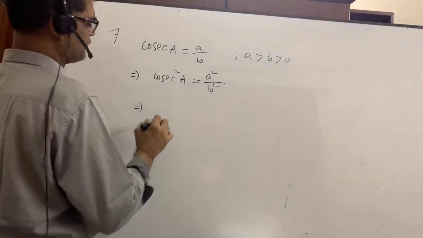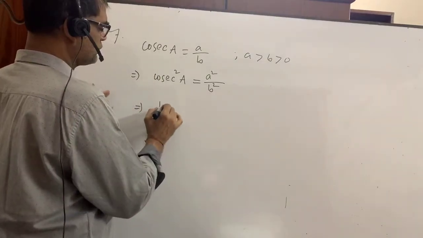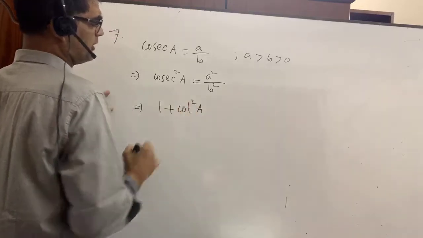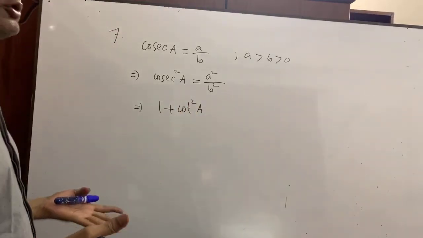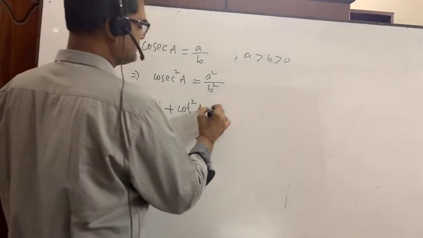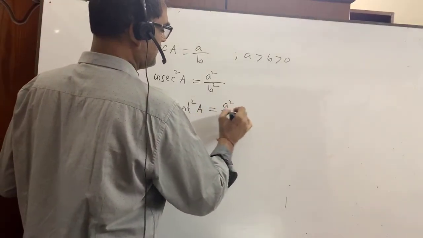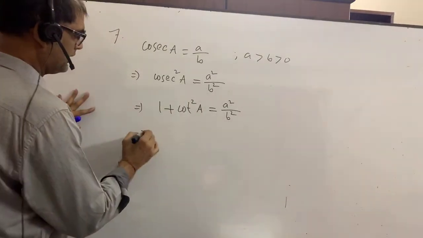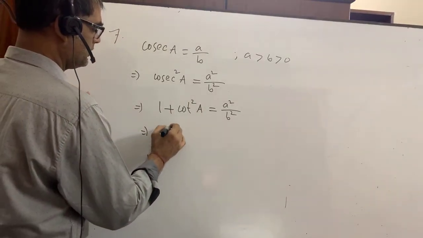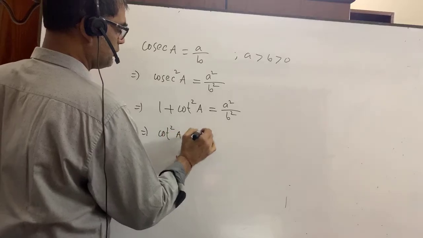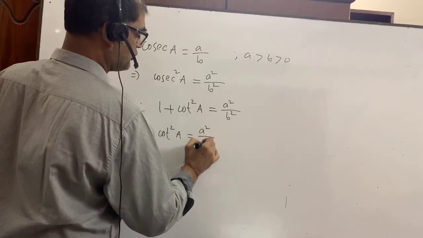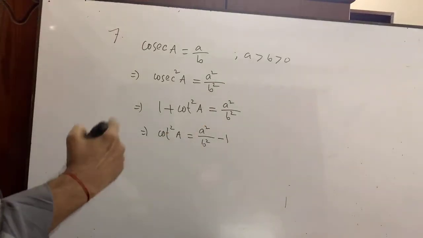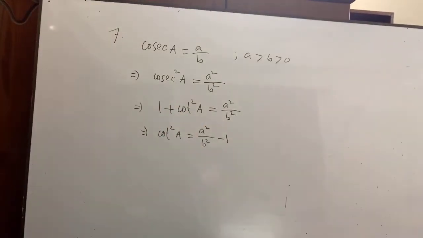Now what is cosec square A? Cosec square A is equal to 1 plus cot square A. So 1 plus cot square A equals A square by B square. Now we can write cot square A is equal to A square by B square minus 1. Okay, 1 has been taken to the right hand side.